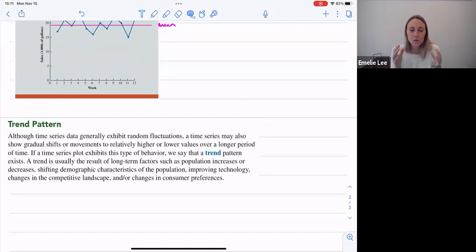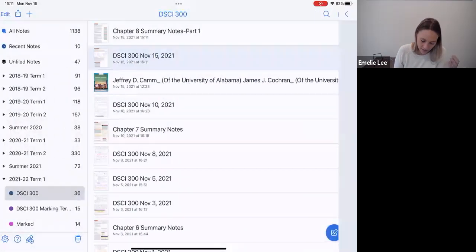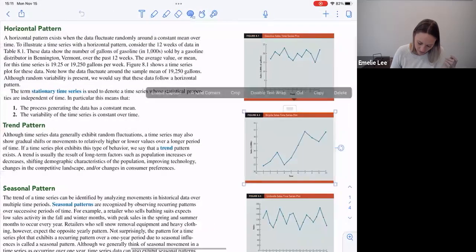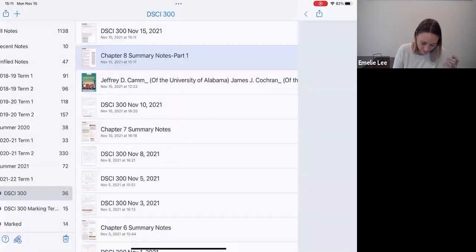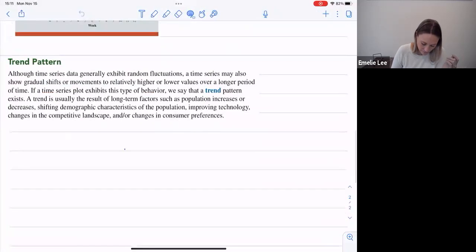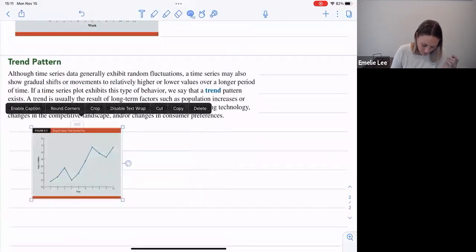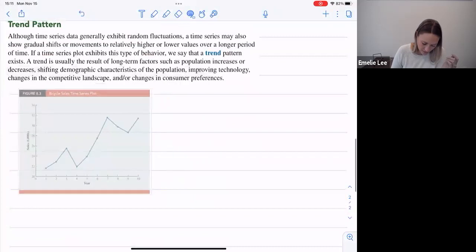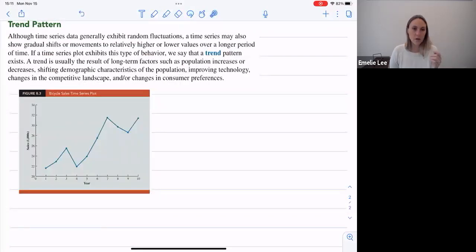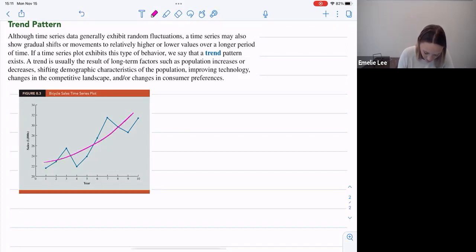You would probably look at something like this and say, okay, if I had to describe this pattern, what would I say? Well, there seems to be an upward trend.